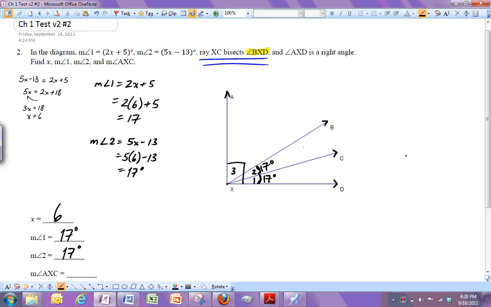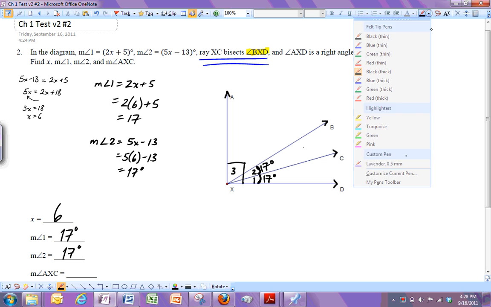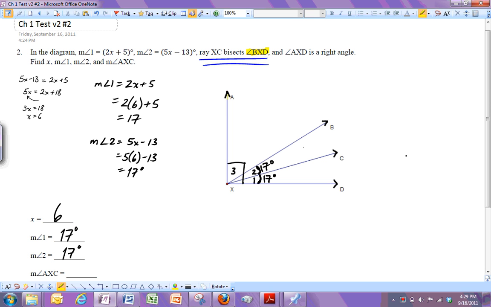Okay. Well, AXC, let's highlight that one. A to X over to C. So it's this angle here. Well, that's really the 17 plus whatever's missing, right? I know that angle 1, angle 2, and angle 3 all put together have to add up to 90 because the whole thing's a right angle.